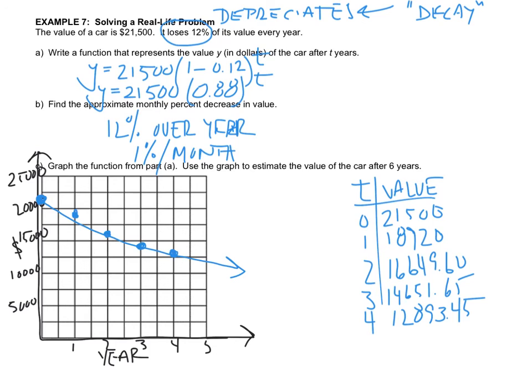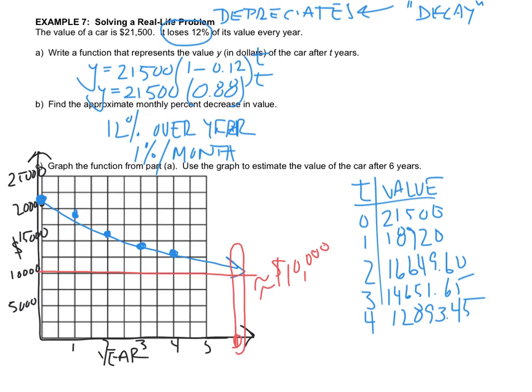Then the question says, what is the estimation after about 6 years? Well, 6 years is right about here. If I just do an estimate and project where this is going to come in, it's going to be somewhere in the region of around 10,000, I would say. So I think a decent estimate is approximately $10,000.